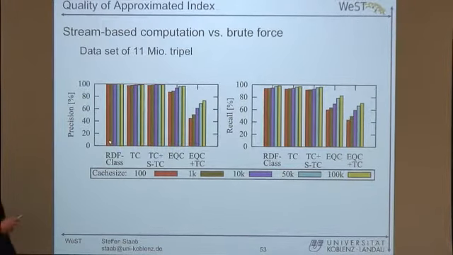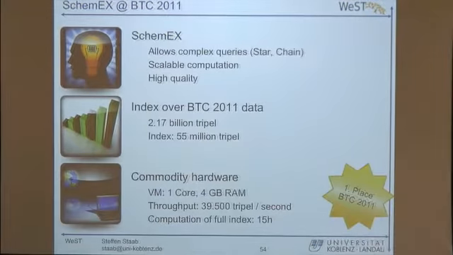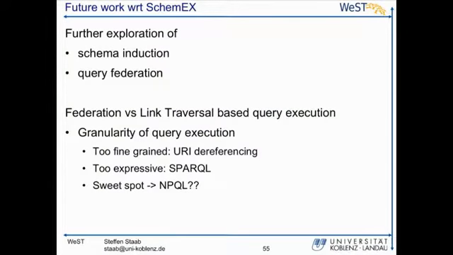And that was also something we presented 2 years ago at the Billion Triple Challenge. The Semantic Web Conference always has these kinds of challenges for handling large data. And it was much appreciated because with the kind of hardware we could handle this very efficiently. It gave us a first place. So that concludes this part.